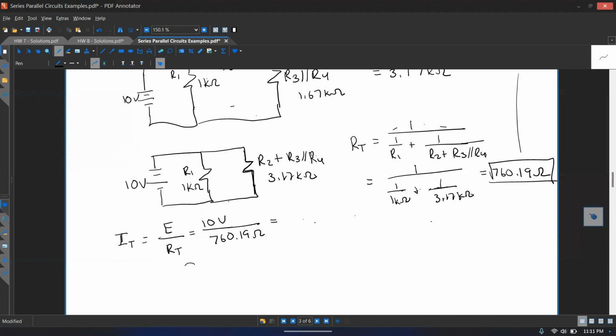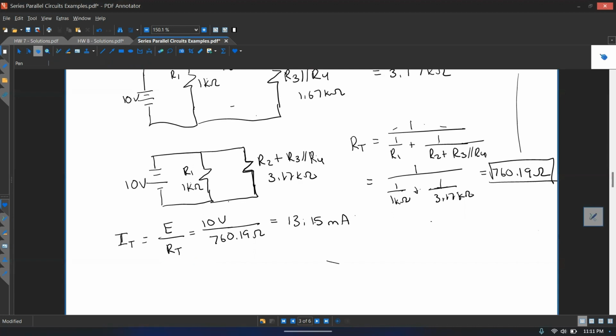So 10 divided by 760.19 equals 13.15 milliamps.